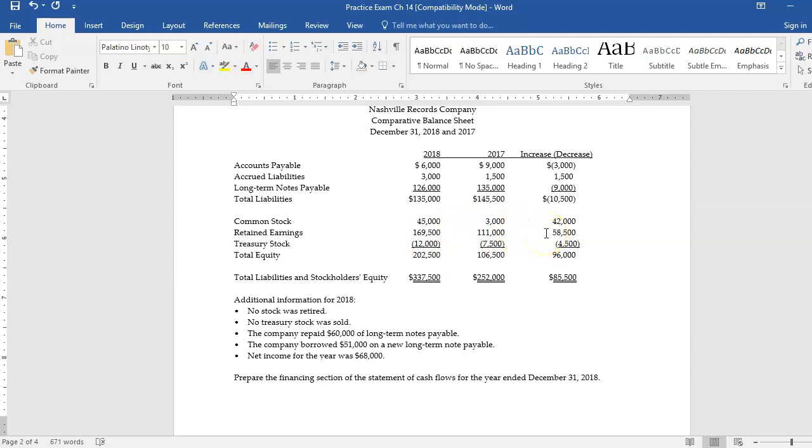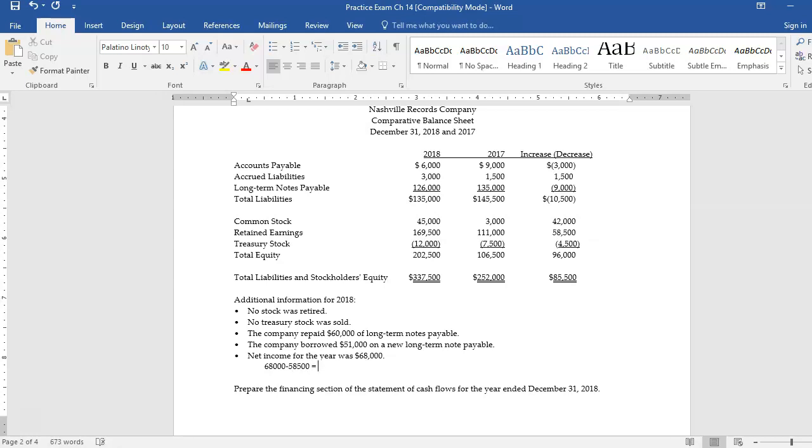So since my retained earnings should have gone up by $68,000, they only went up by $58,500. So I'm going to say 68 minus the $58,500 that it went up by. 9,500, right? 9,500 is our dividends paid.